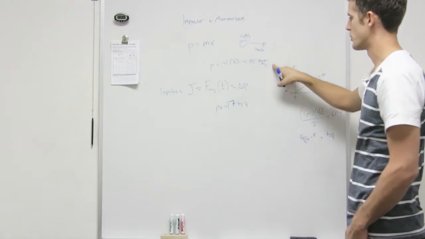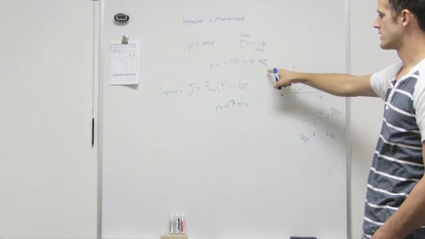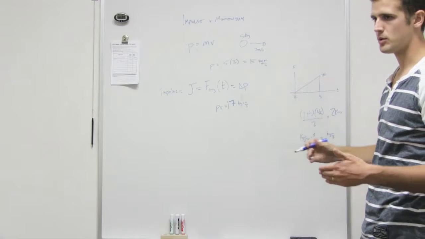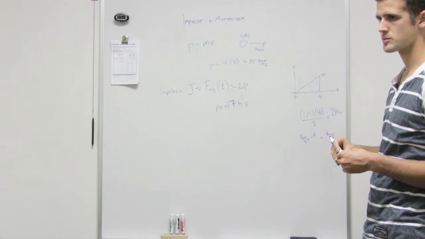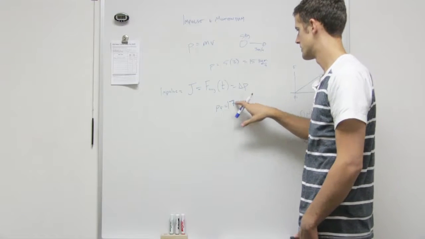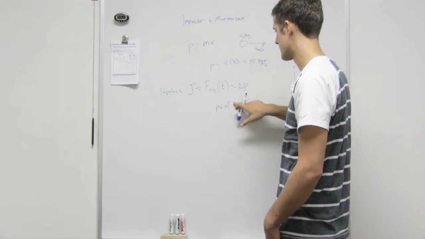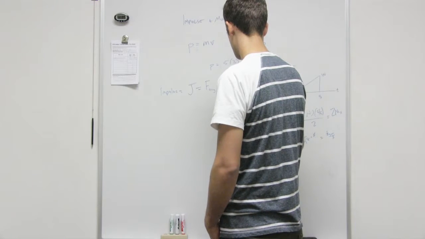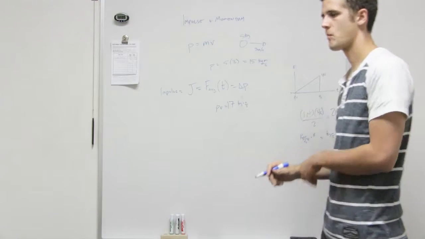You started with this momentum, and then you applied an impulse of 2 kilogram meters per second, which you basically just add on to your momentum. Okay. So it's 17. Alright.